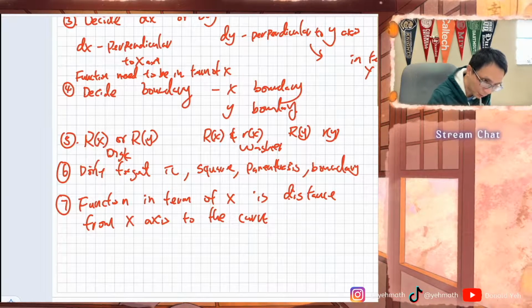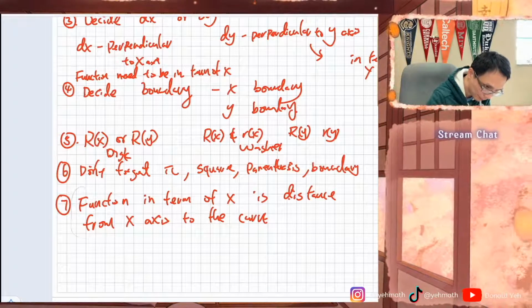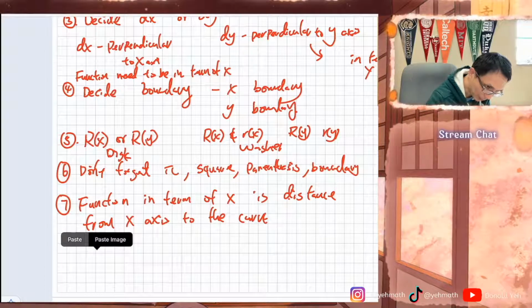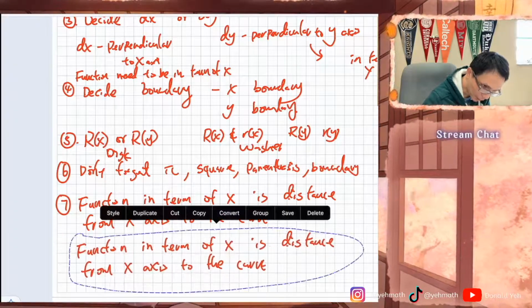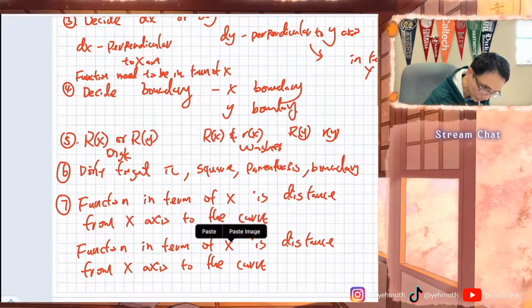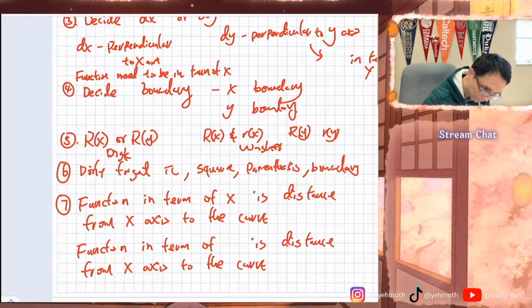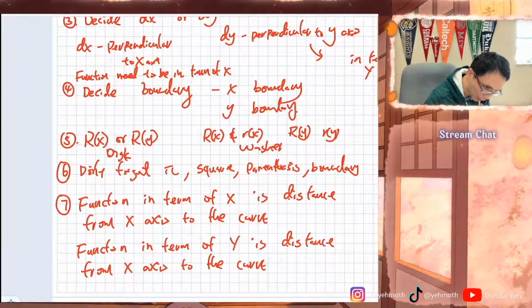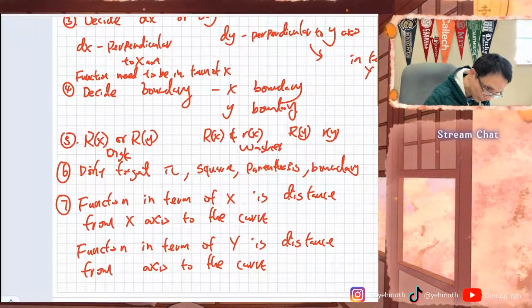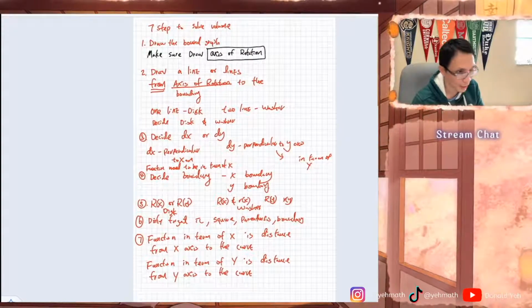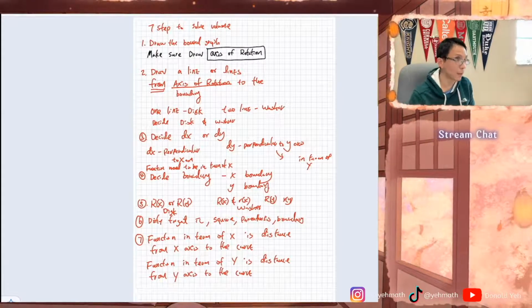The same thing again: a function in terms of y is the distance from the y-axis to the curve. This is how much you're going to write today. So this is the seven steps, and we're actually going to start doing them now.